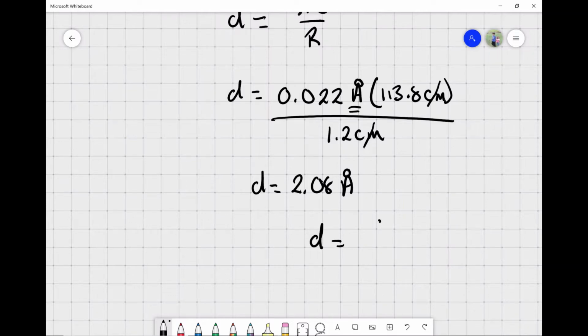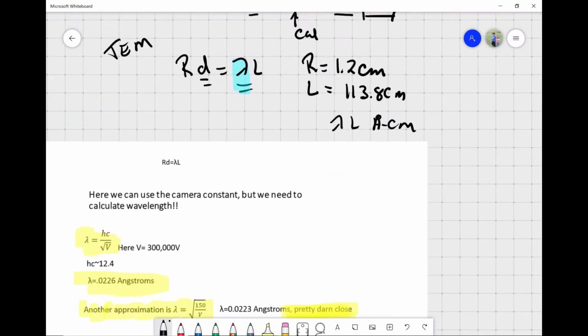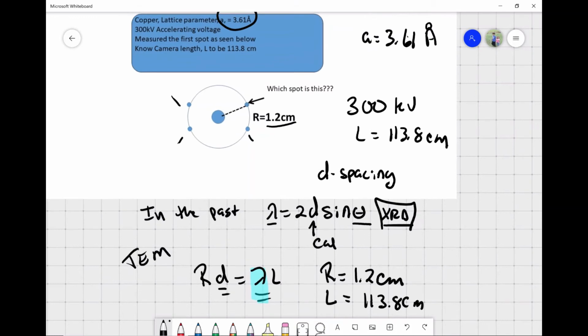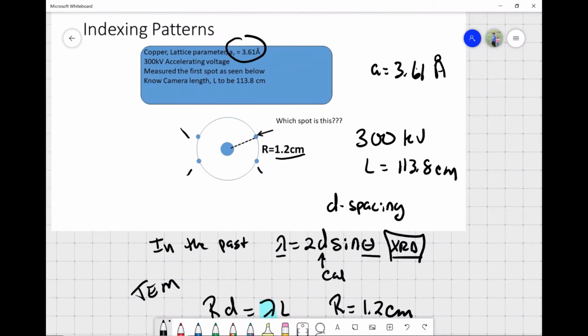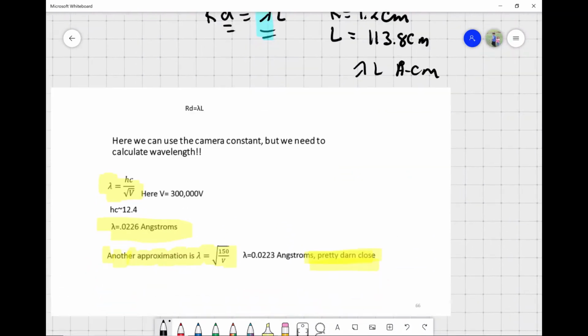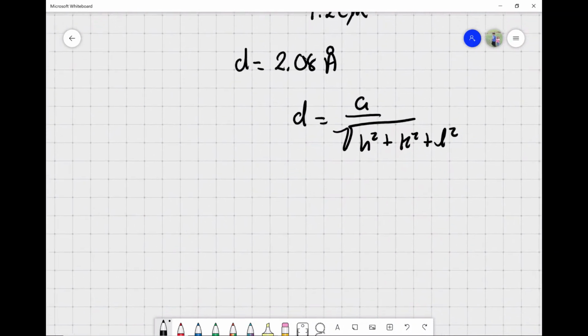And so now we have our trusty equation: D equals A over the square root of h squared plus k squared plus l squared. It's not an actual diffraction pattern, right? It's something I drew, but we're going to assume this is first order, so we're going to assume first order reflection.